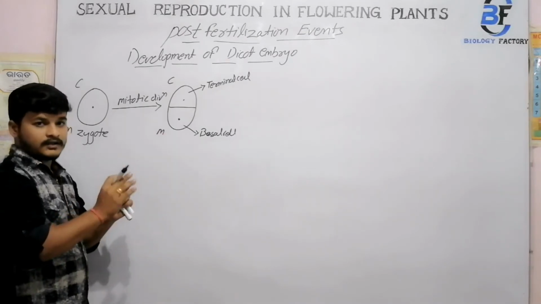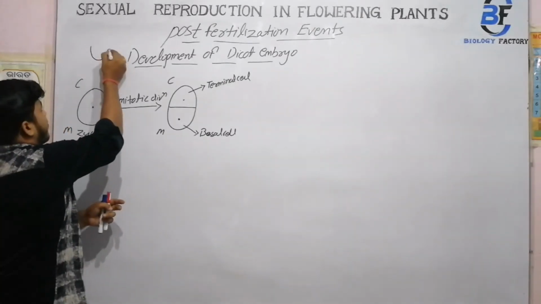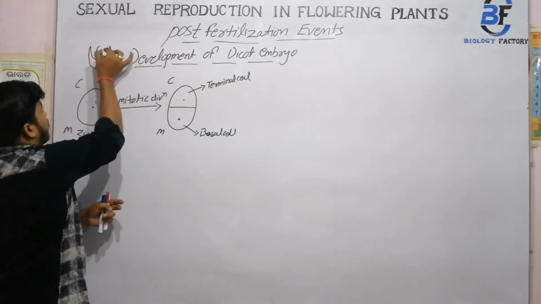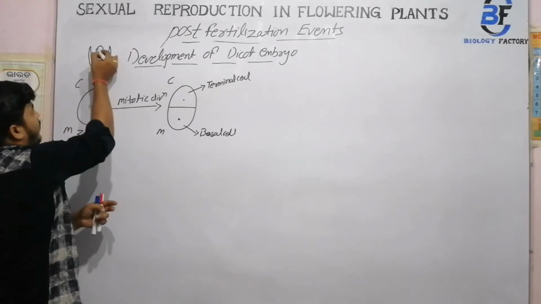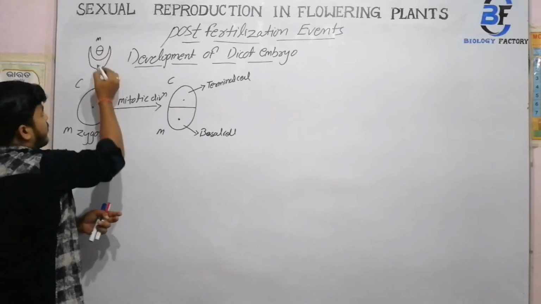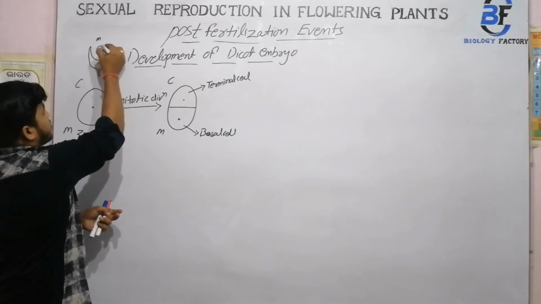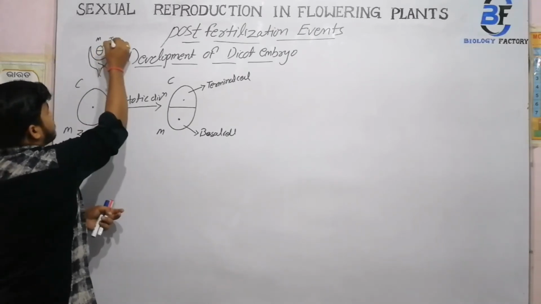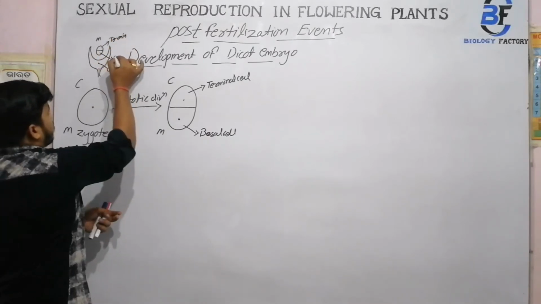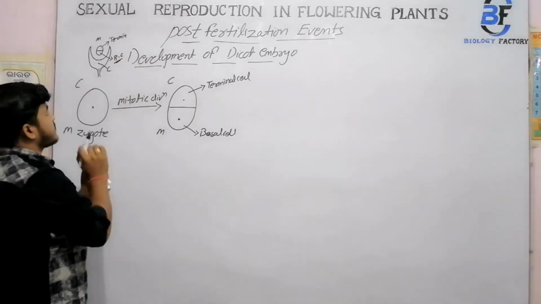It is true. But if we take an orthotropous ovule, I just roughly draw a diagram here, and here is the zygote. When the mitotic division takes place, this is the micropylar end and this is the chalazal end. So the upper cell is the terminal cell according to them, and the lower cell is the basal cell. I just wrote an abbreviation, BC, basal cell.